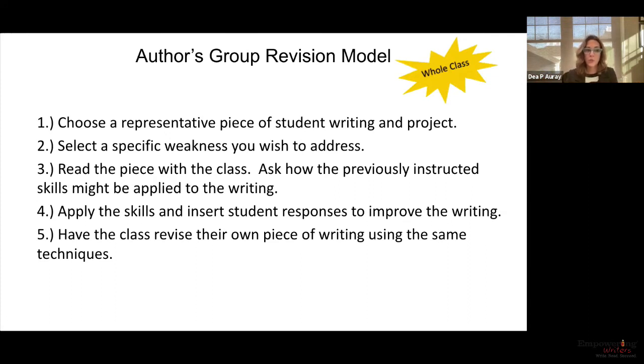We pick a piece of student work. Then we talk about the weaknesses that we want to address. And really, I'm picking the piece because of the weakness that I want to address. I don't necessarily say it to my students because this is going to be a learning process. I read the piece with the class and we talk about the skills that are there. We apply the skills and we show students exactly how I can model the revision. And then the class is going to try it on their own.